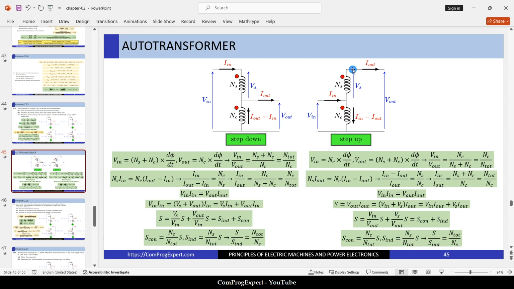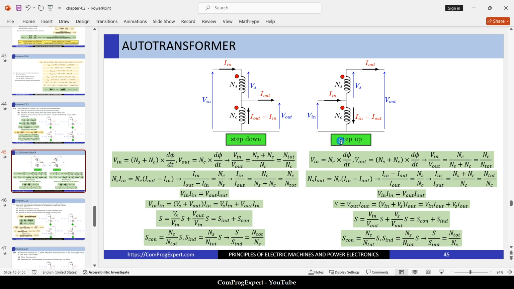So now let's consider this important concept. Because we have an electrical connection between the input and output of an autotransformer, we have conductive power transfer, since we directly connected the output to the input, but we also have inductive power transfer, similar to a transformer.